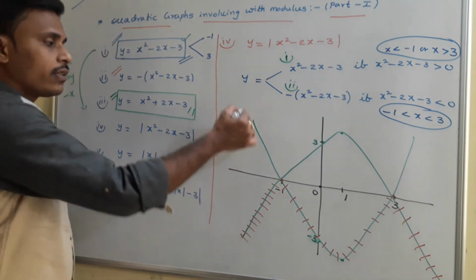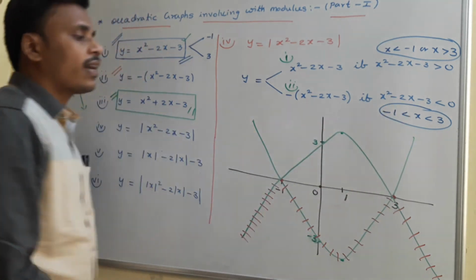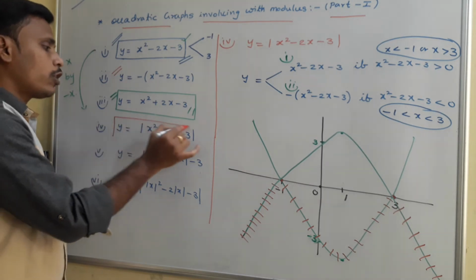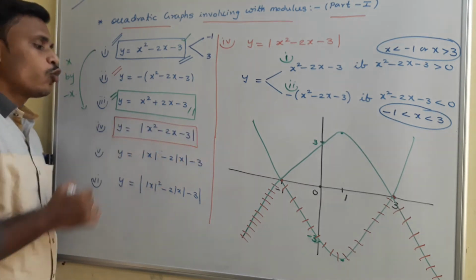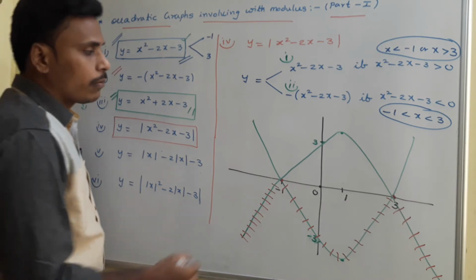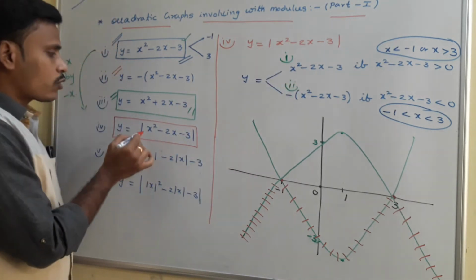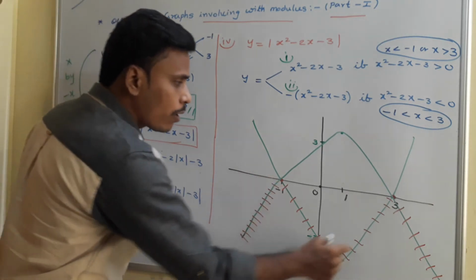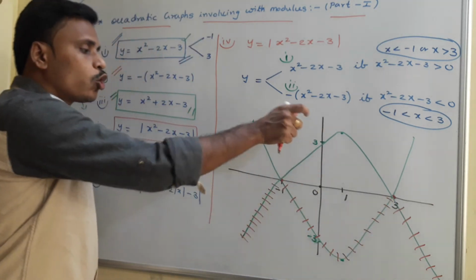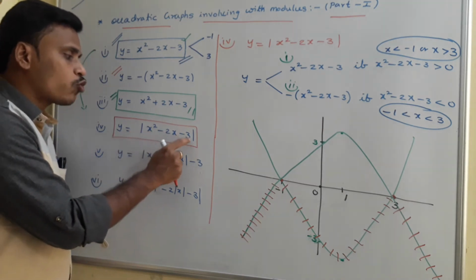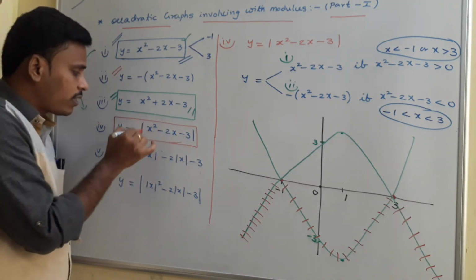At the end, this green color part is the graph required for y is equal to modulus of x square minus 2x minus 3. Just simply have a look, which is nothing but, if you sketch the first graph x square minus 2x minus 3, you need to flip only the negative region to the positive. Actually, modulus of x square minus 2x minus 3. Modulus is there here, right?